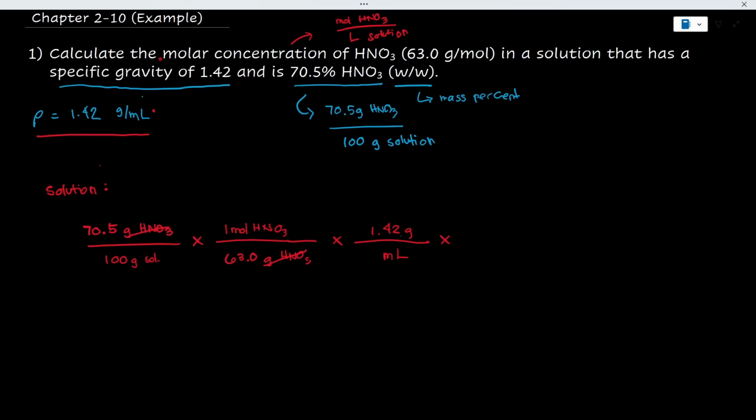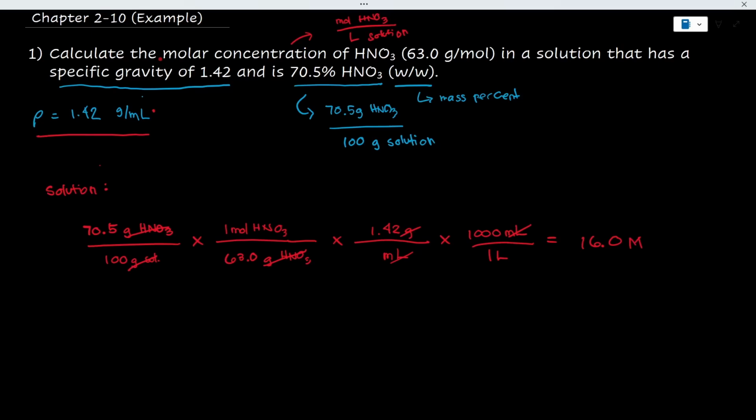Then we can cancel the grams. And note here, we're not done. Let's convert ml to liters. 1000 ml is 1 liter. And we are left with mole nitric acid over liter. And we can solve this now using our calculator, which is approximately 16.0 molar.